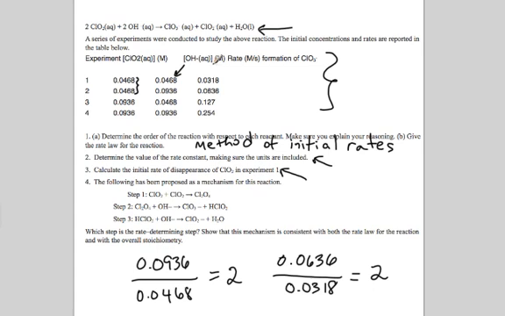Okay, so when I write my rate law, this is what we're after. Rate equals K times, we still have to determine the order of reaction for the ClO2, and there's no charge there, so take that off.